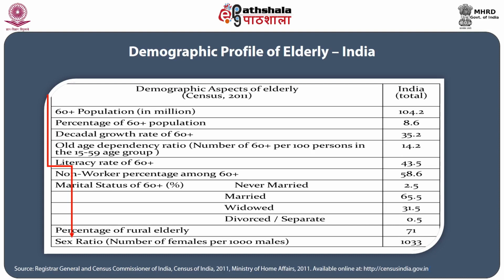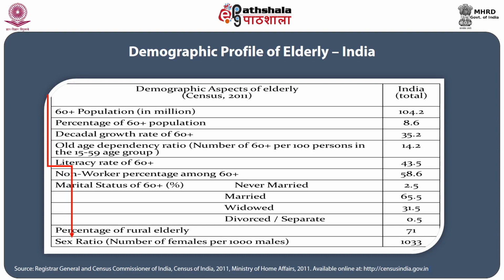It is significant to know that while the sex ratio among the general population is not in favor of girls at younger ages, it is just the opposite in the case of elderly. The sex ratio among 60 plus is as high as 1033. That indicates for every 1000 elderly men, there are 1033 elderly women.